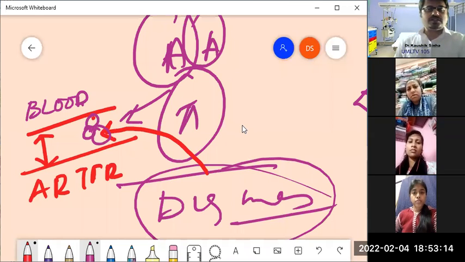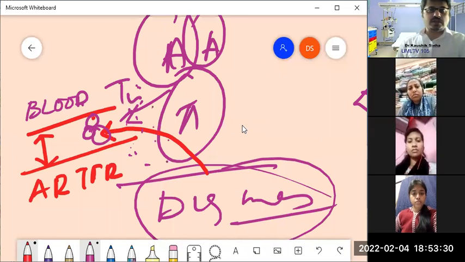The distant locations out here where I'm putting the dots, this location would not have any more further supply of the blood. If the blood doesn't flow to this location, that means the tissues present is not receiving any blood. And as the tissues present are not receiving any blood, the resultant consequence is that the tissue will gradually die.